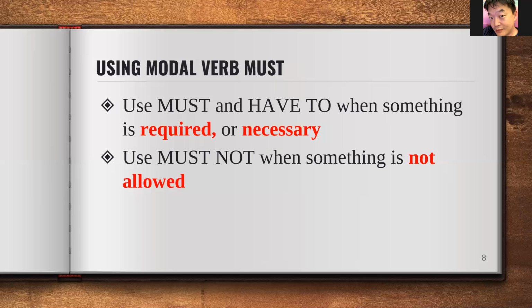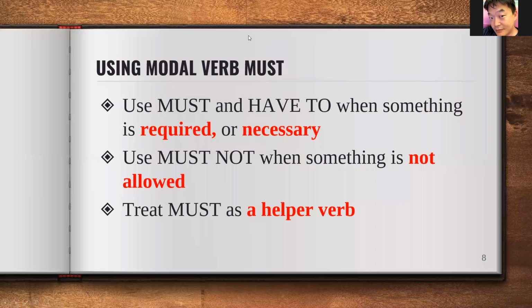Another thing I want you to focus on, still focusing on must, okay? When you use must, you have to treat must as a helper verb. So you don't have to use do or does. This is very important. If there is something that I want you to remember and focus on all the time, it is this: you have to treat must as a helper verb.